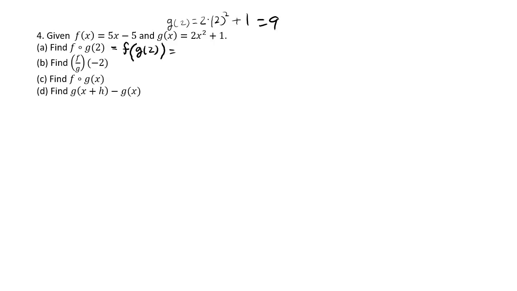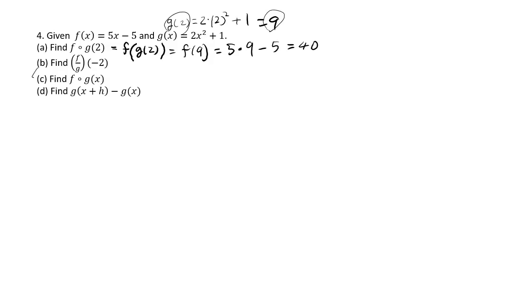So you can replace g of 2 by 9. What's f of 9? Well, you're computing using this formula, so it's 5 times 9 minus 5. 5 times 9 is 45 minus 5, that's going to be 40.